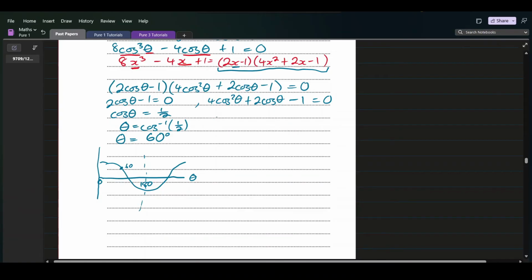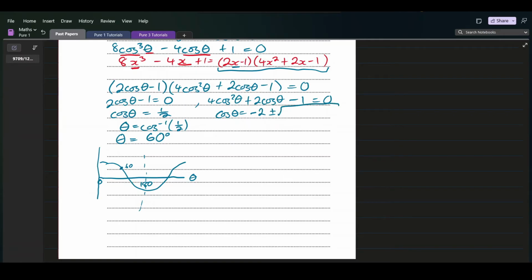Okay, so let's use the quadratic formula to solve this quadratic. So that's minus b, which is minus 2, plus or minus the square root of b squared, which is 2 squared, minus 4 times 4 times negative 1. And this is all over 2 times 4.